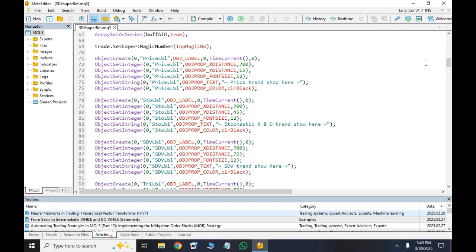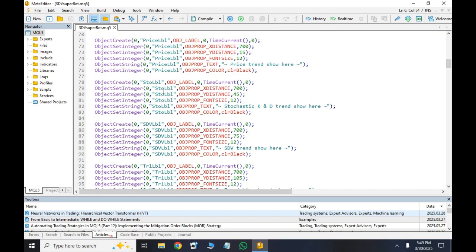The first label box is the price label, and the second label is the sto label. The sto label has y distance 45 and the same x distance, so it is shown below the first label. Initially, the price trend shows here, and here the stochastic K and D trend shows.